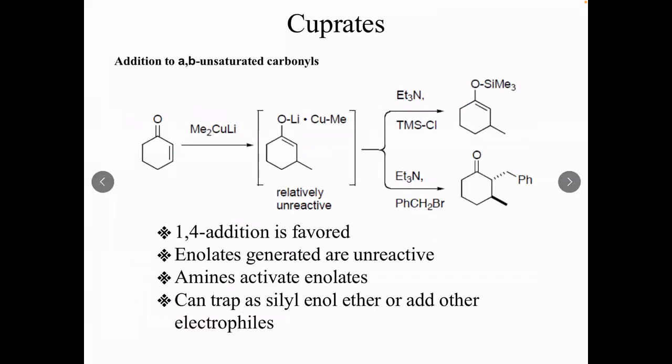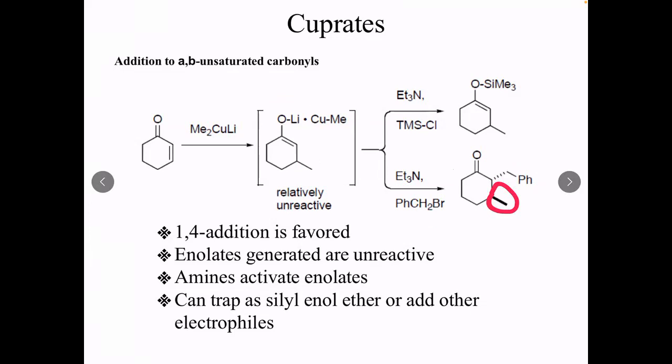And then this intermediate enolate, you can treat with TMS chloride and trap it, or you can treat it with an electrophile. So you treat it with benzoyl bromide, and you can add this piece on here, right? And this is kind of oversimplified because that 1,4 addition, without any bias in the transition state or any pre-existing stereocenters, you're actually going to get both isomers. So this would be wedged or dashed. All right.